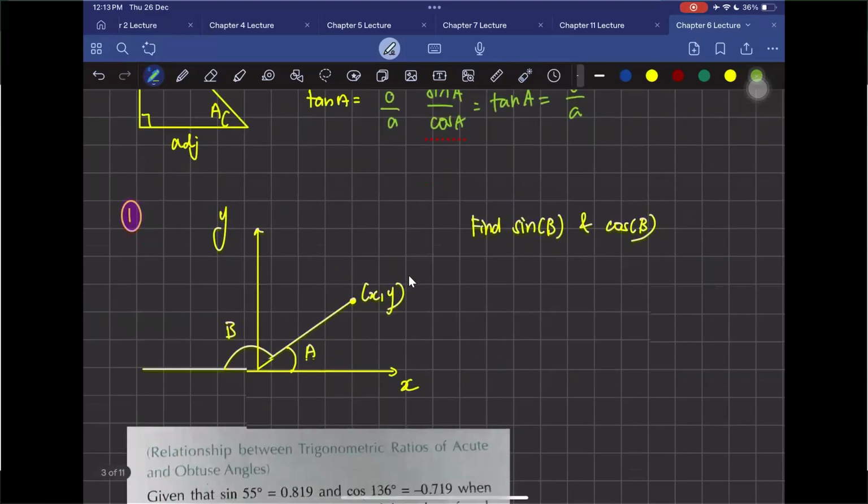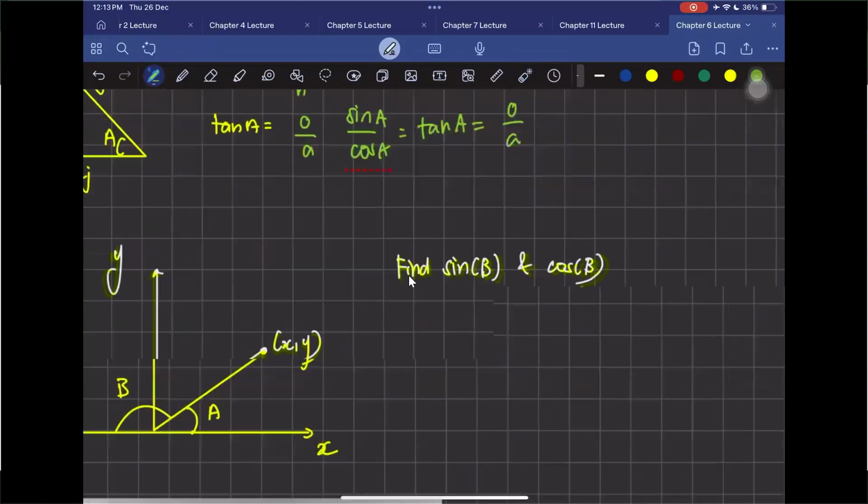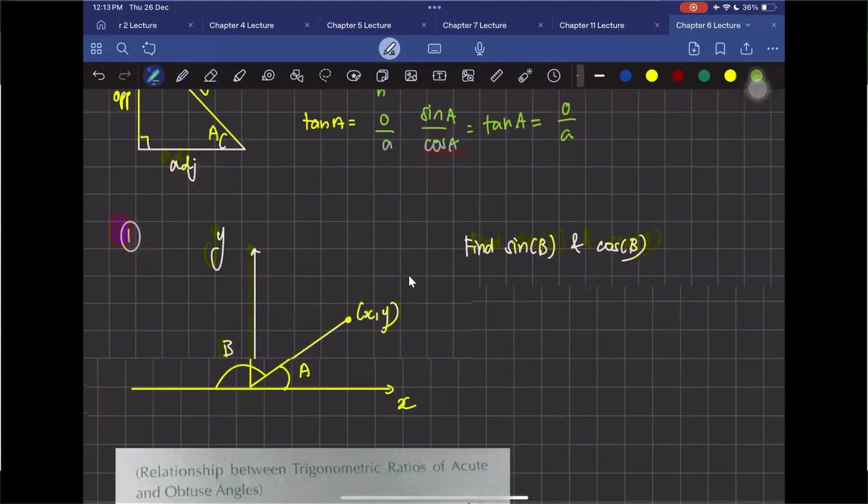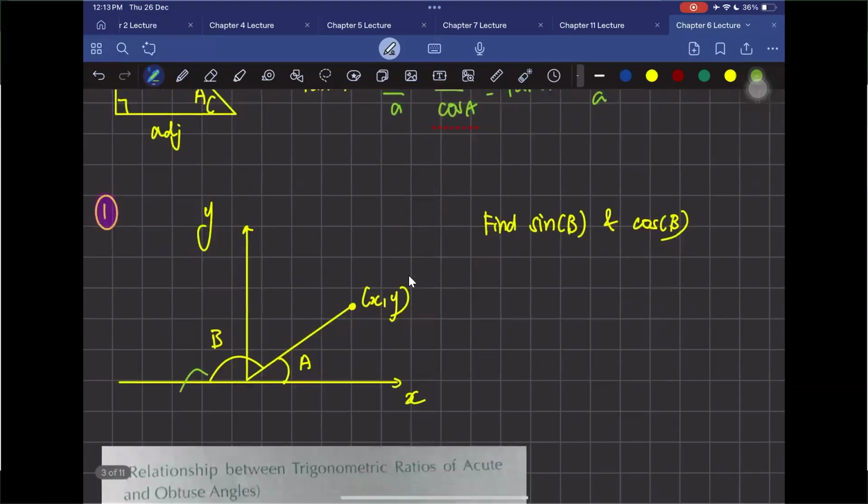Okay, so let's see. So in this case, right, we have one obtuse angle which is more than 90 degrees.